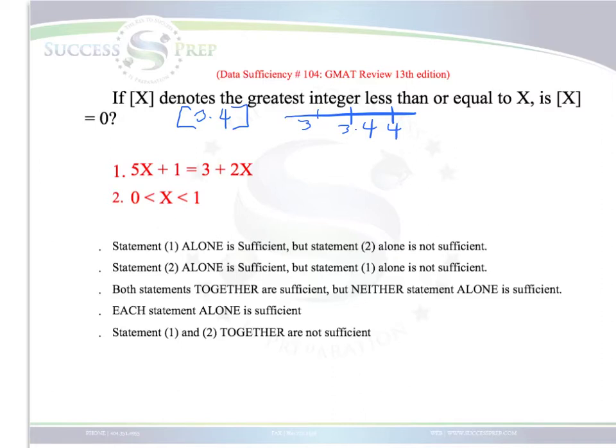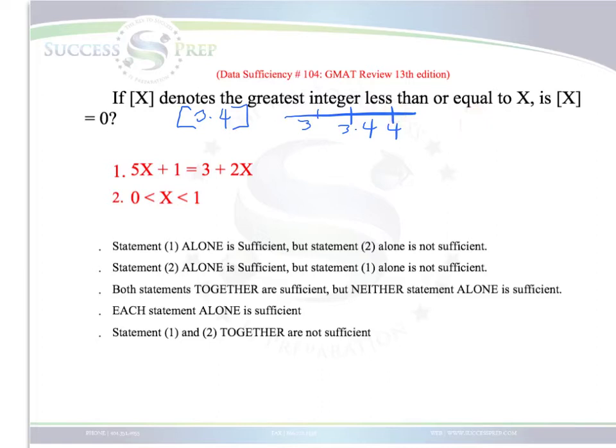So essentially it's just saying what is the largest integer you're going to get to just before you get to 3.4. Now if 3.4 is a decimal, in this case it is, then the number is usually going to be different from it. But if it had happened to be an integer, say we were looking for the 4 in a bracket, the value of 4 in a bracket will also be 4, because that's the largest integer you can find that could be less than or equal to 4.